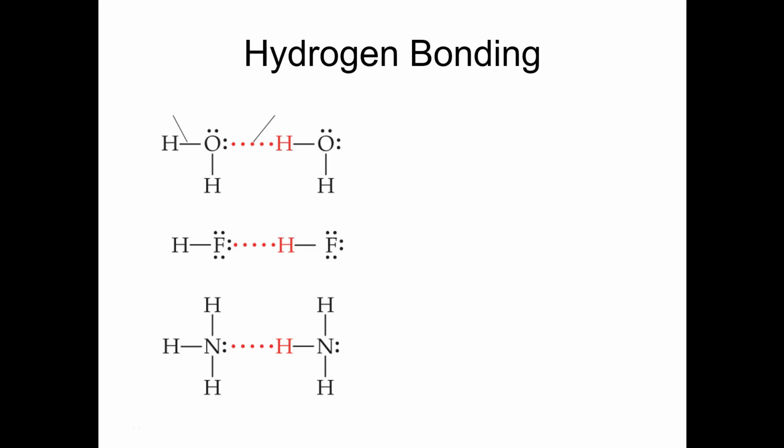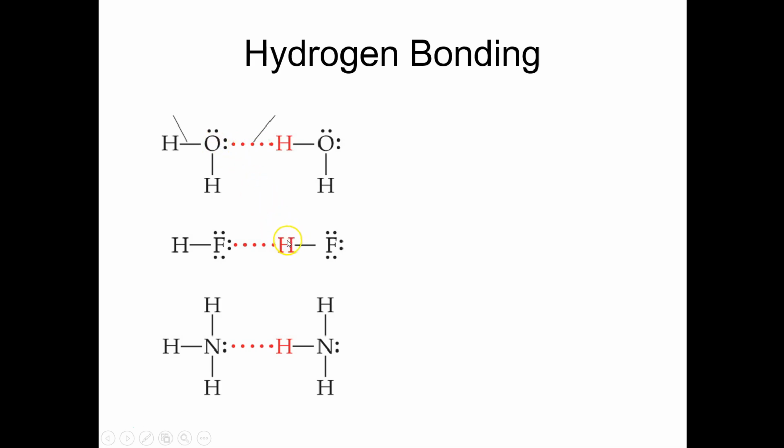And so what you can get is this nearly halfway between a dipole-dipole interaction and an ionic bond occurring between the very positively charged hydrogen atom of one molecule and the very negatively charged oxygen atom of an adjacent water molecule. And so you can get hydrogen bonding between water molecules.